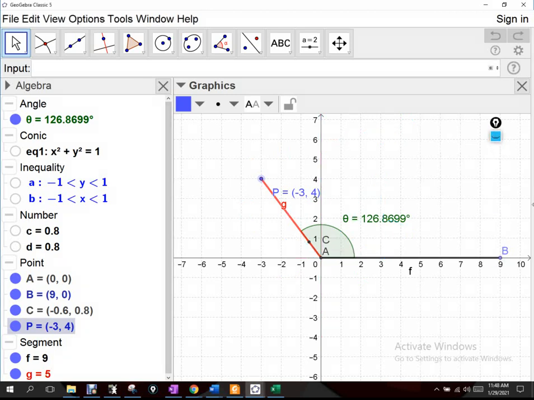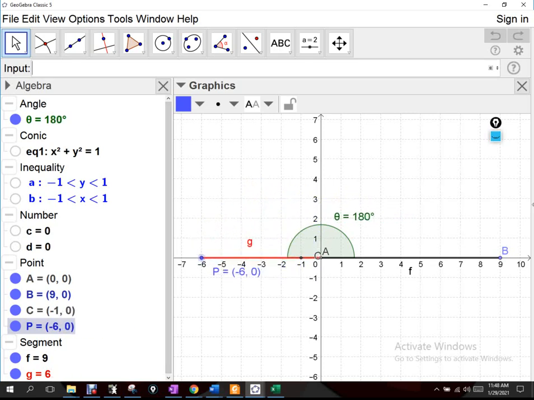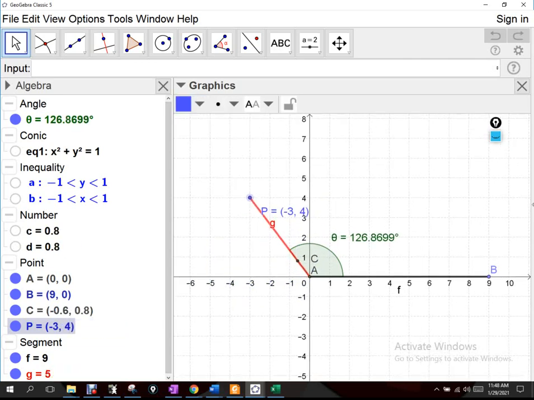If I put this green angle out to here, that'd be 180 degrees, right? So how can I find this angle right here? That's going to be the supplement of 126, or 127.